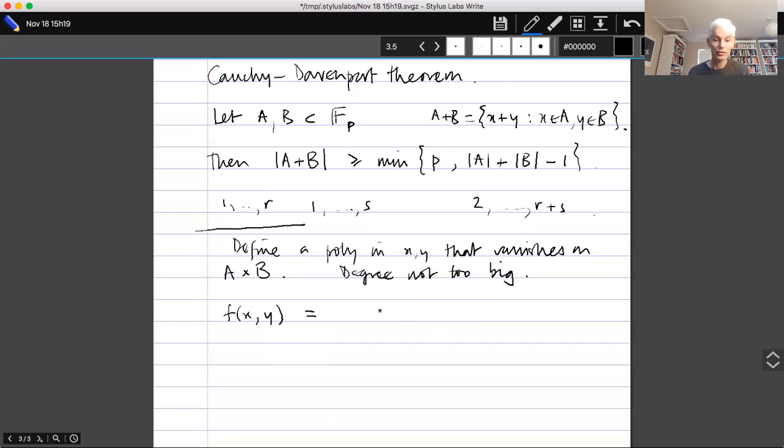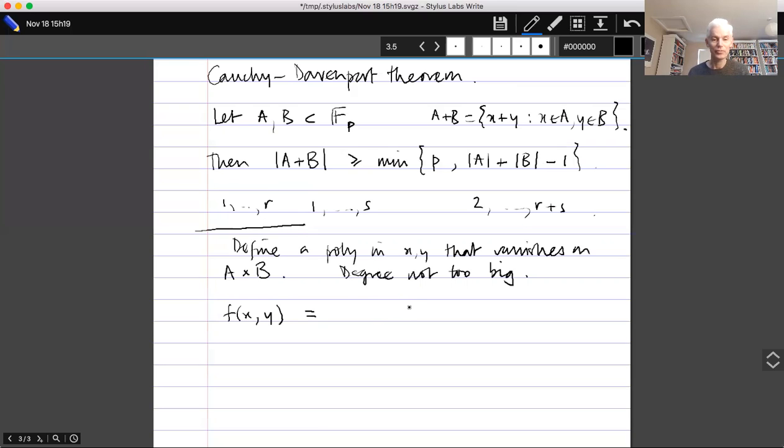One way of making a polynomial vanish is to make it a product of factors with the property that for every x, y, at least one of those factors will vanish. So what do we know about x and y? We know that x belongs to A and y belongs to B. So we know that x plus y belongs to the sumset A plus B.